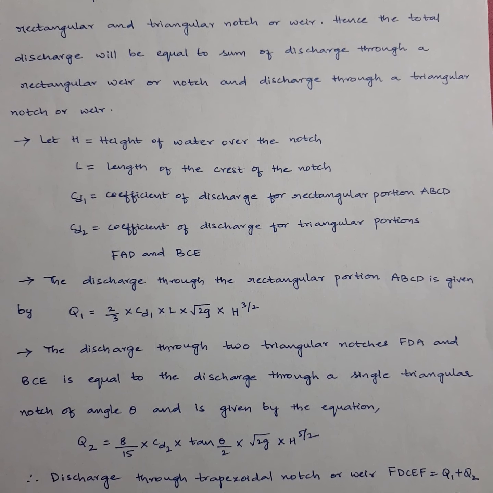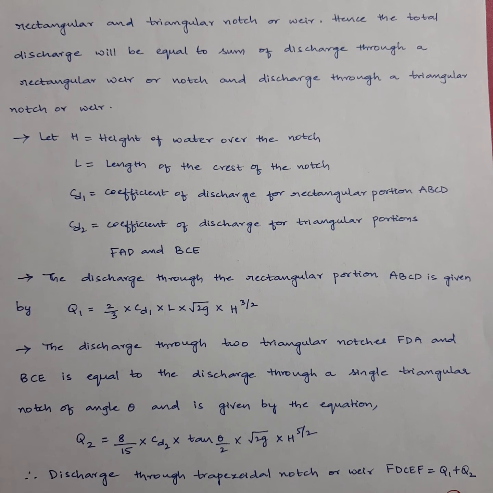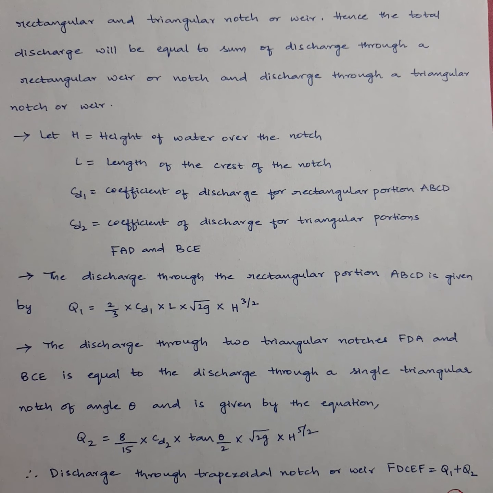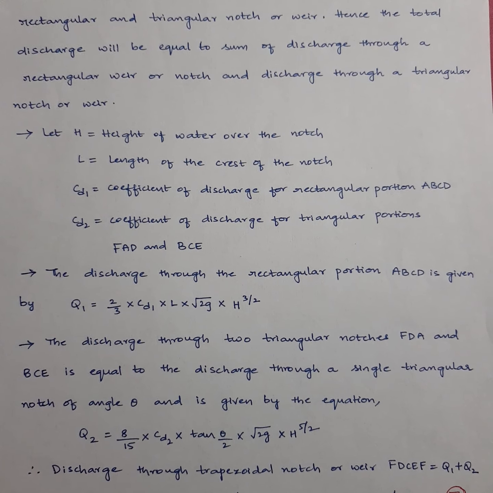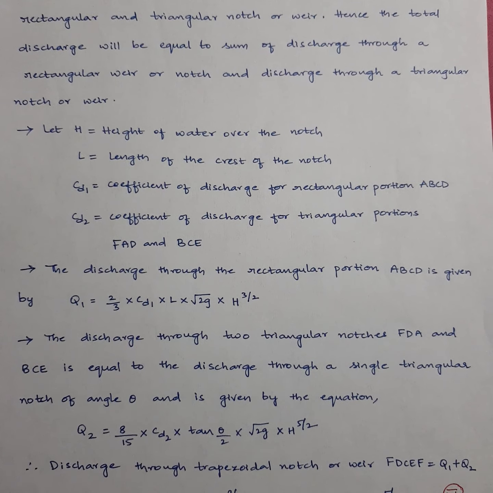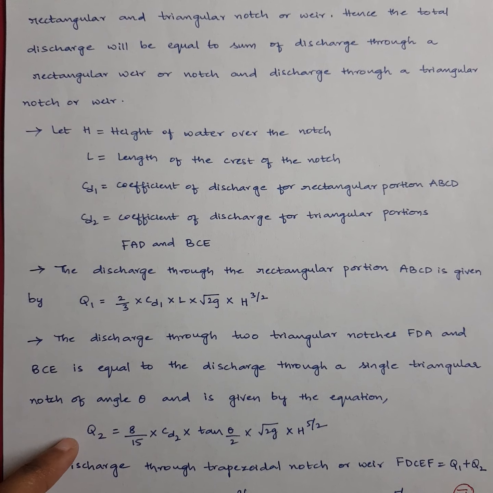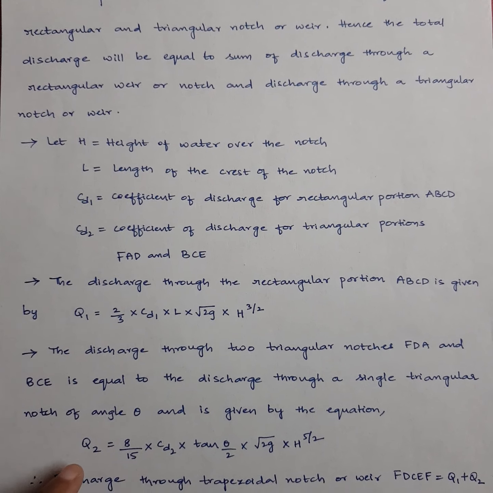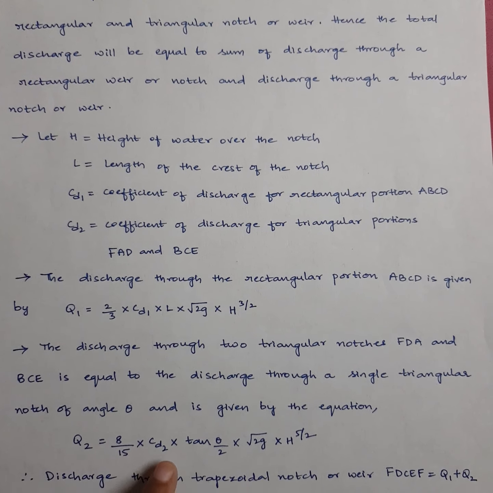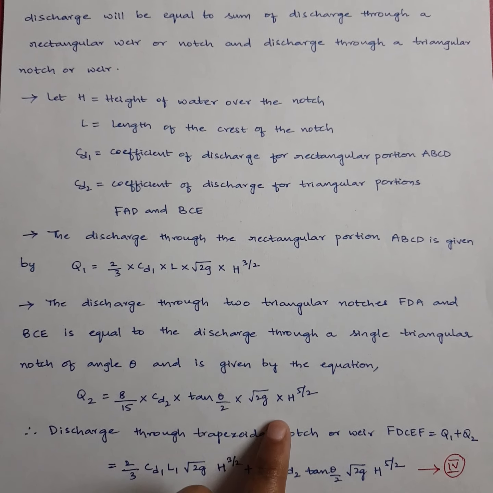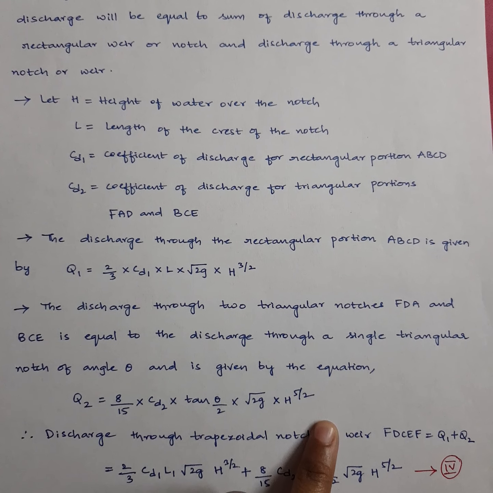The discharge through a triangular notch is given by the formula Q equal to CD into 8 by 15 into tan theta by 2 into root 2g into H power 5 by 2. Again for the triangular portion, since I am considering CD to be CD2, our Q2 will be 8 by 15 into CD2 into tan theta by 2 into root 2g into H power 5 by 2.